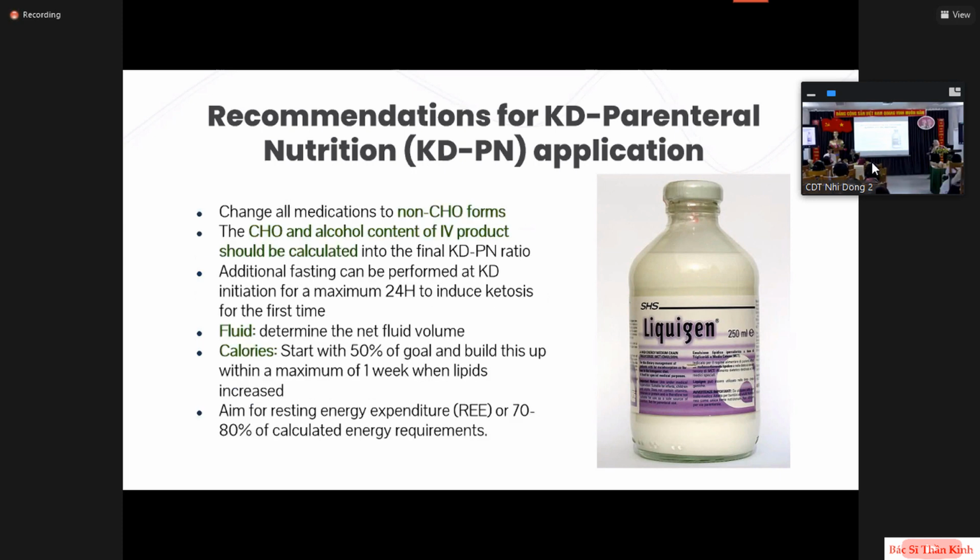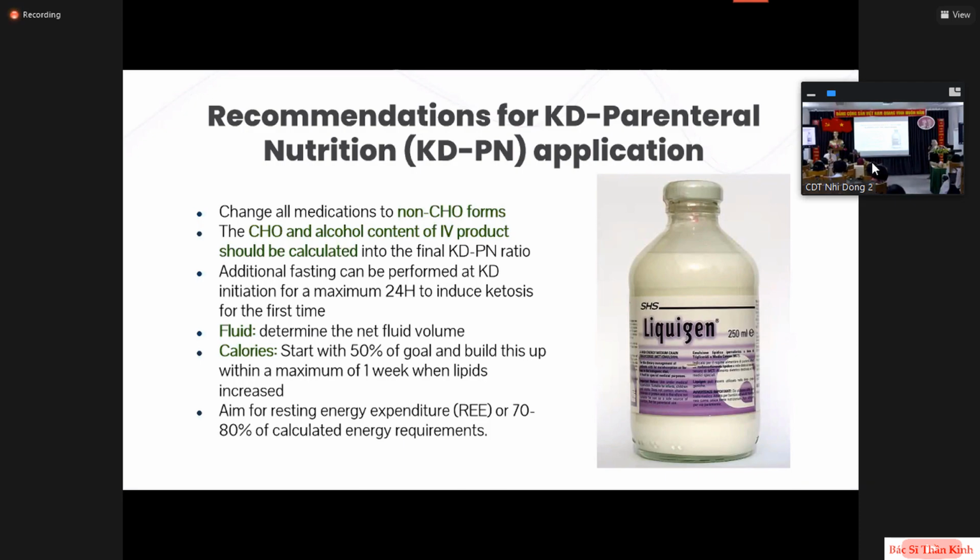Okay, so change all medication to non-carbohydrate form. The carbohydrate and alcohol content of IV product should be calculated. All right. Additional fasting can be performed at KD initiation if needed, for a maximum of 24 hours to induce ketosis for the first time.